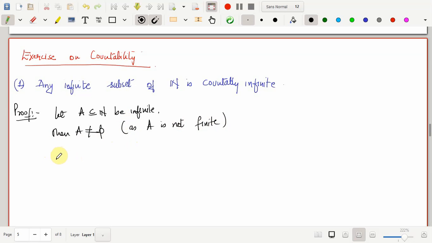Since it is infinite, and it's a subset of the natural numbers, I can apply the well ordering property. Therefore, by the well ordering property, A has a least element.